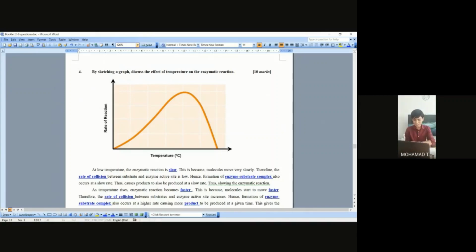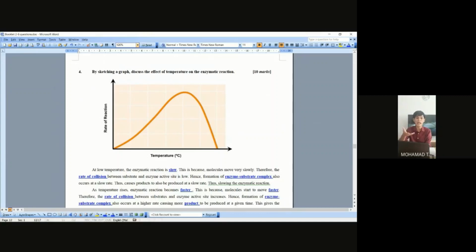At low temperature, the enzyme reaction is slow. This is because molecules move very slowly. This is only chemistry. Therefore, the rate of collision between substrate and enzyme active site is slow.